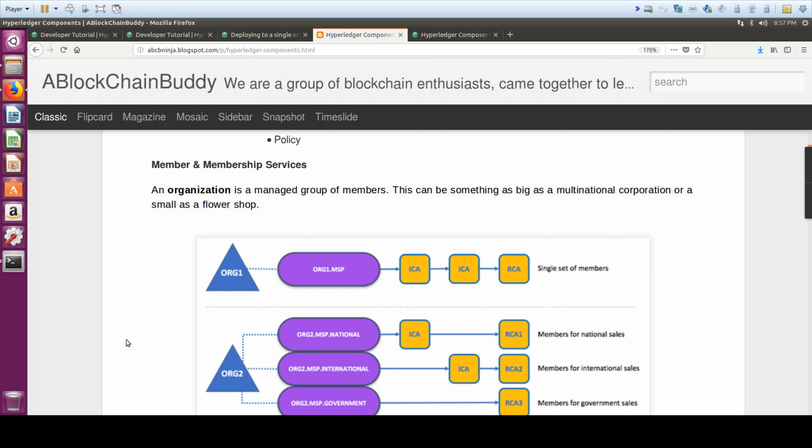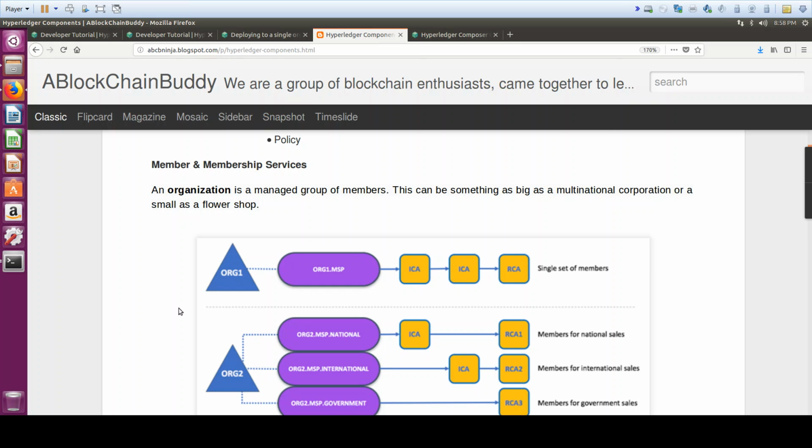Just keep in mind that these things exist in Hyperledger Fabric, but we will dig deep into each of them in other tutorials. But yeah, let's start with the member.